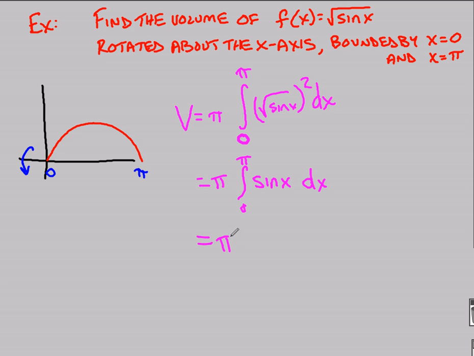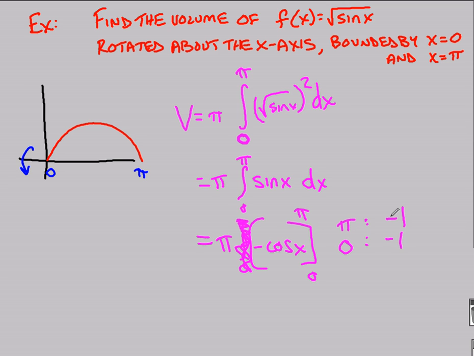Well, the integral of sine of x is going to be negative cosine of x. And this is no longer an integral because I evaluated it. So I should now be plugging into this 0 and pi. So if I plug in pi, cosine of pi is... alright, it should have been cosine of pi is negative 1.